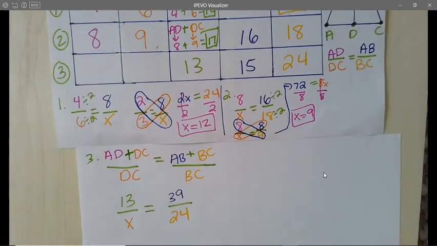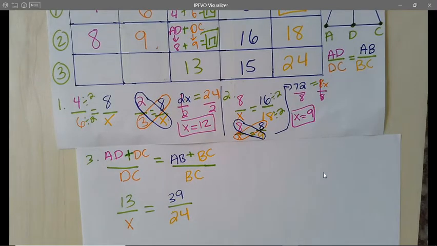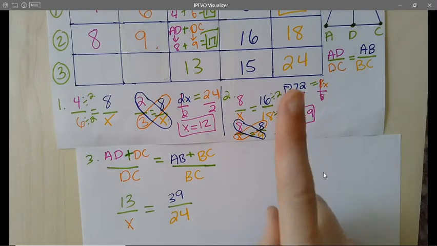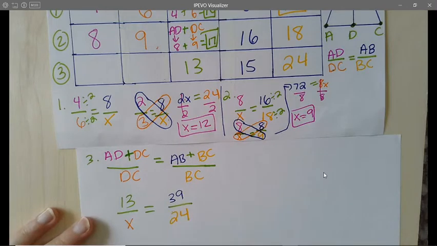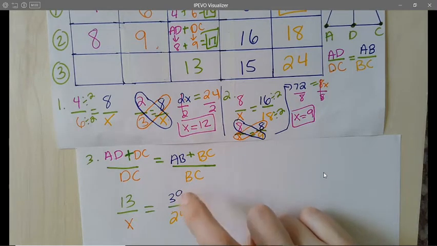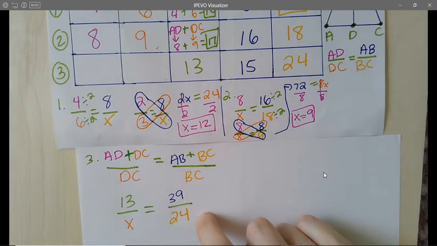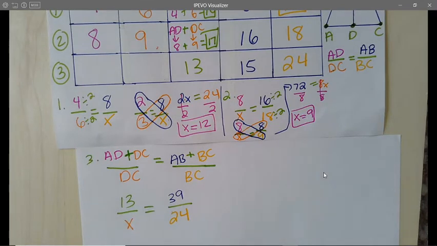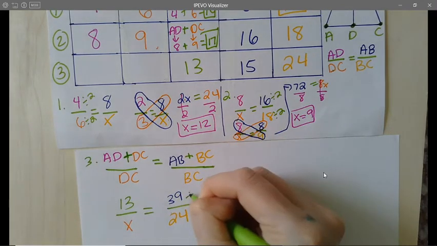Okay, and then from here, we simply need to cross multiply. But don't forget, if you can reduce your fractions, it will make your math a little bit easier. So do you know a number that will divide into 39 and 24? Let's think for a minute. Well, I know that 3 will divide into both.